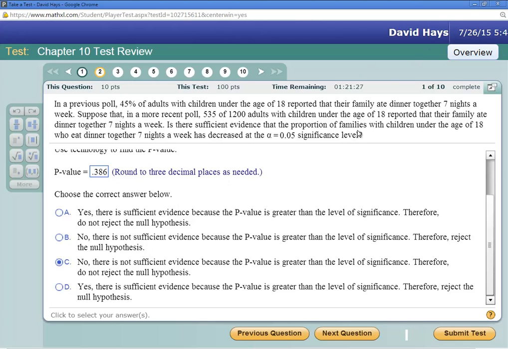Is there sufficient evidence that it has decreased? We said we reject that, so that's no. Therefore, do not reject null hypothesis. So the wording is kind of tricky there.